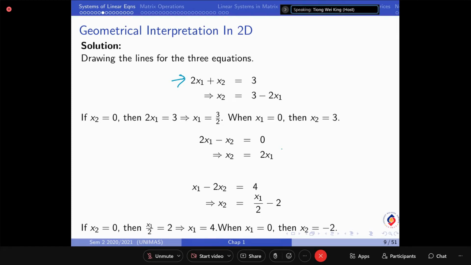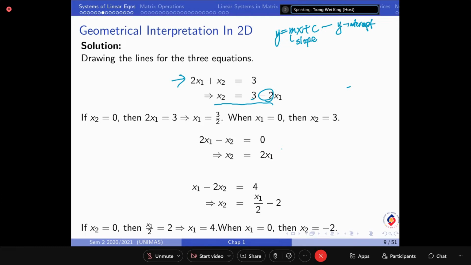We can rewrite this as x2 equals 3 minus 2x1. If you remember the equation of a straight line, we normally write y equals mx plus c. So this is the y-intercept, and this is our slope. The same thing here: this is our slope, -2, and this is the y-intercept.